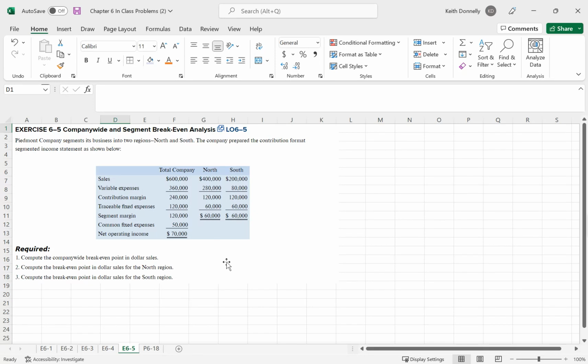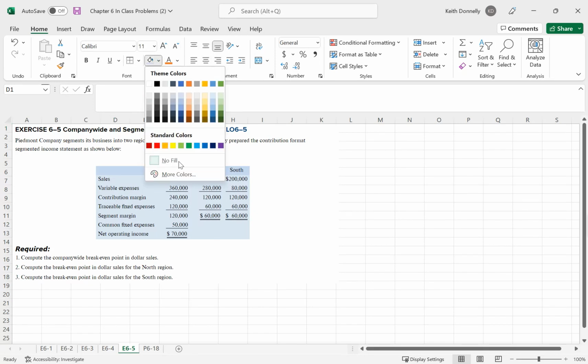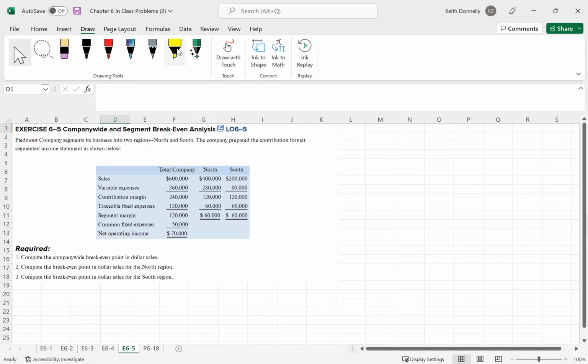They want to know a couple different things here: company-wide break-even point in sales dollars, break-even point for the north, and break-even point for the south. So we're looking at the total, from the north and from the south.